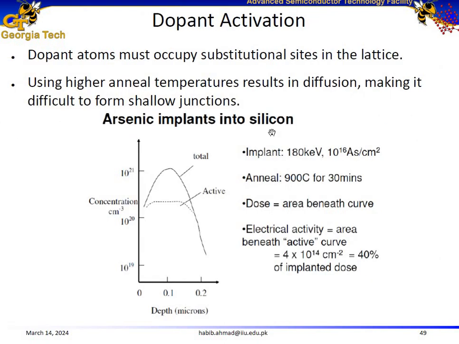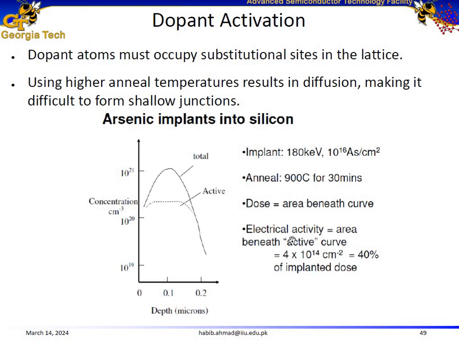Here is an example of arsenic ion implantation into silicon at an energy level of 100 kiloelectron volts at a dose of 10 to the power of 16 per centimeter square. The peak implanted ions are approximately 10 to the power of 21 at approximately 0.1 micrometers. But the active dopants post annealing are slightly above 10 to the power of 20.